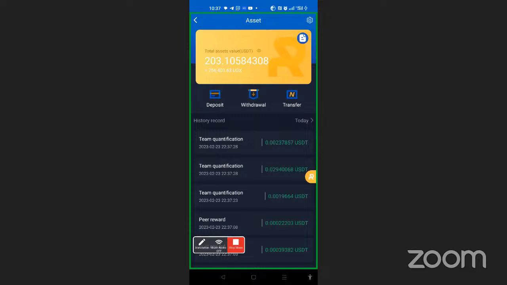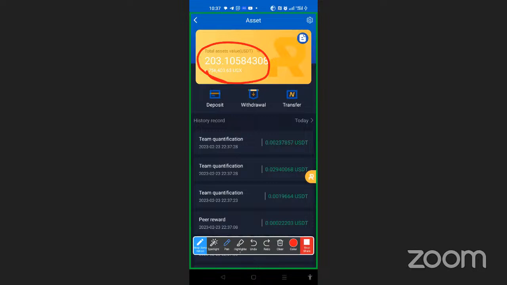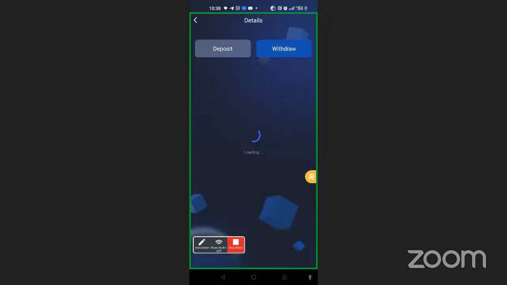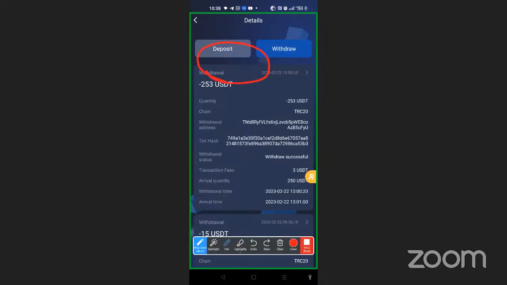So I can now move this $200 into my exchange, and I can keep on growing my capital. And the withdrawals are instant. You see? Yesterday I took off 253.